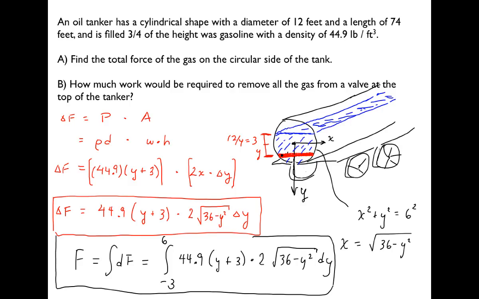But then the bounds are about needing all typical strips, starting at -3 all the way to 6. So it's two different things: there's the depth of the typical strip, where we add 3, but then we add up all the typical strips. The top layer is at y equals -3. The bottom's at +6.